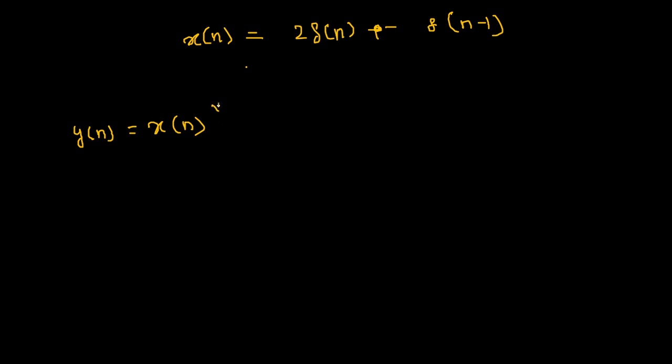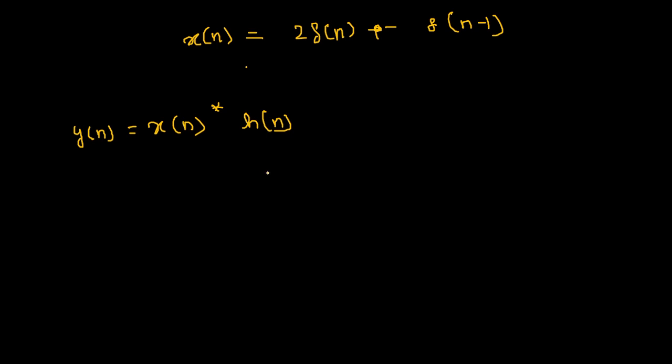So x of n would simply be 2 delta of n minus delta of n minus 1, right? Now we perform convolution between these two functions, which gives us the output x of n convolved with h of n.